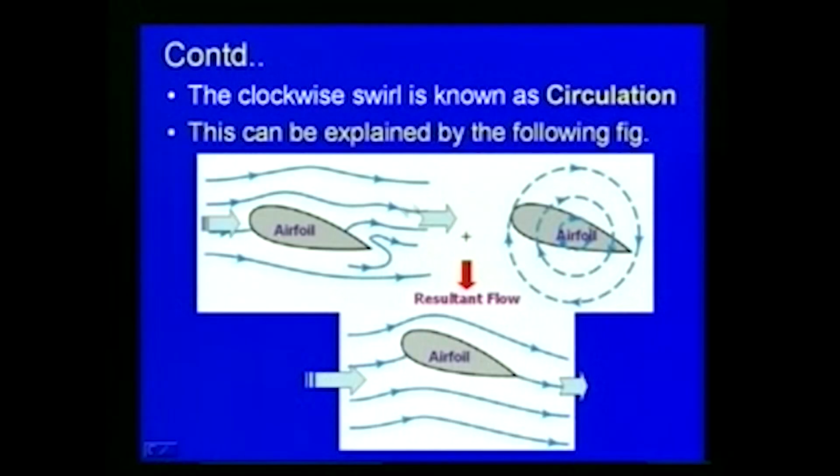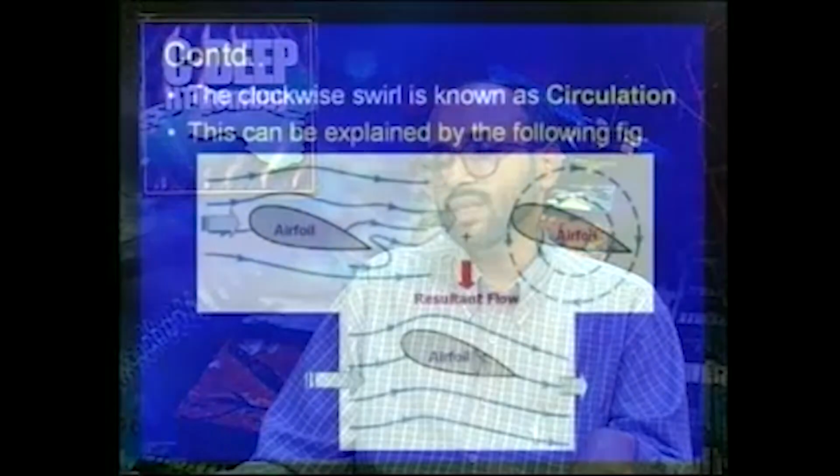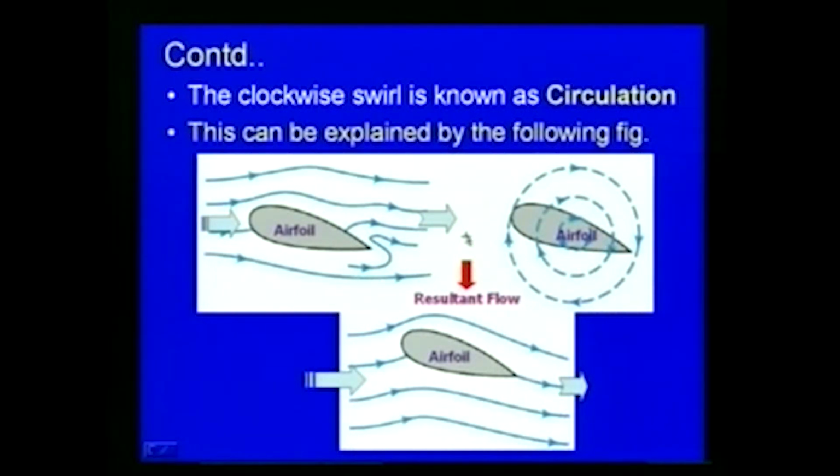So this effect we can explain with respect to this figure here. This clockwise swirl is actually the circulation which we discussed earlier. If you consider the airfoil at an angle of attack and the free stream velocity is coming, here the disturbance takes place at the trailing edge, and then you add the circulation effect or the swirl effect which we have discussed.